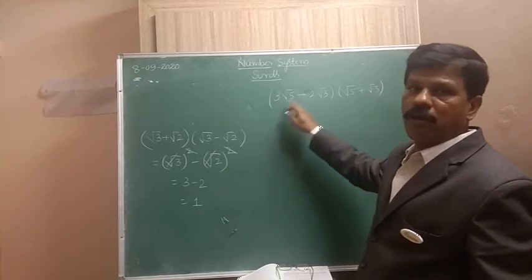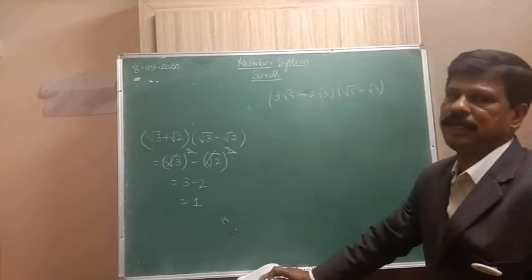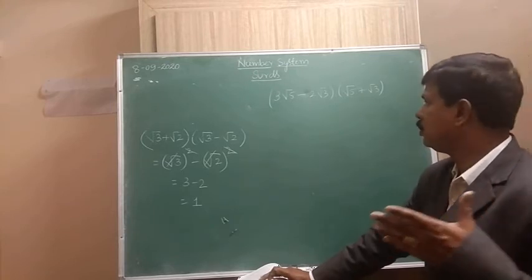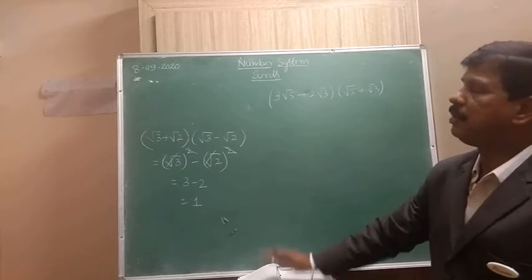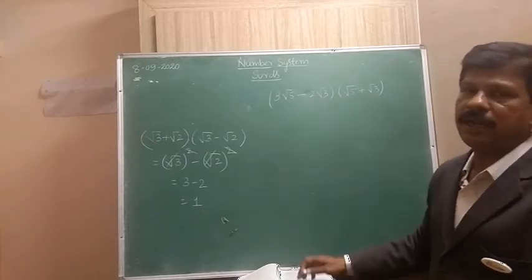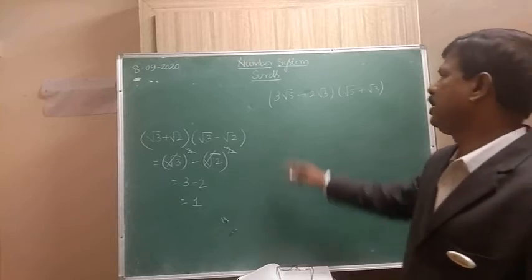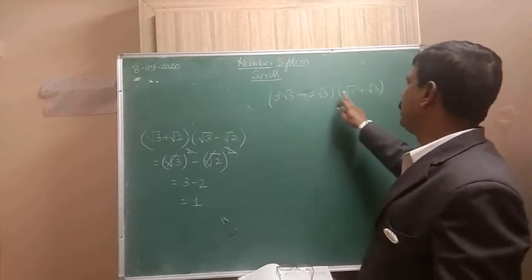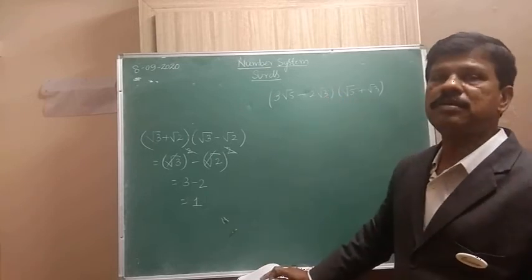Then you cannot write this in the form of a plus b into a minus b. Clear? So it is not in the form of a plus b into a minus b. Even the sign is there, but a is different, b is different. See, here a is 3 root 5, here a is root 5. So we can't write that as a square minus b square.